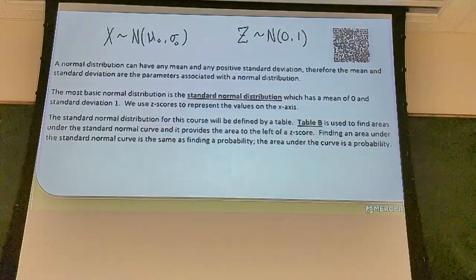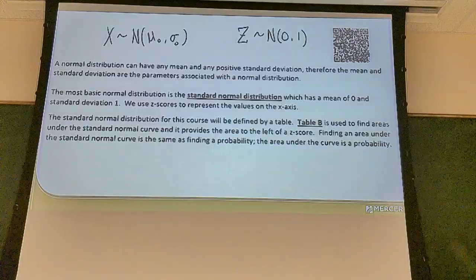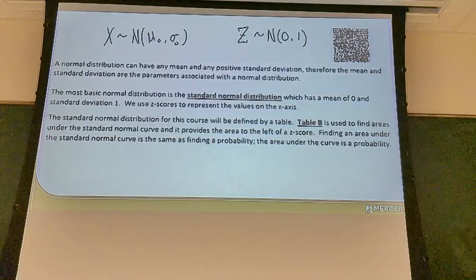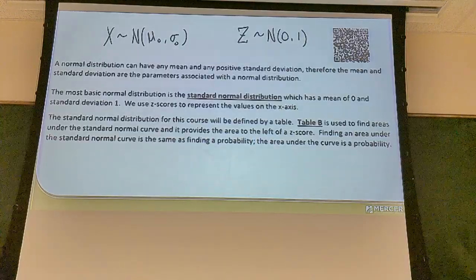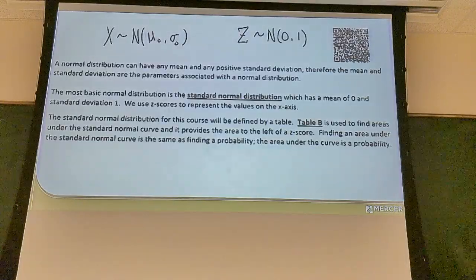Finding areas between z-scores requires a bit of calculus. So we're not actually ever going to calculate them, not by hand. We will do one of two things.